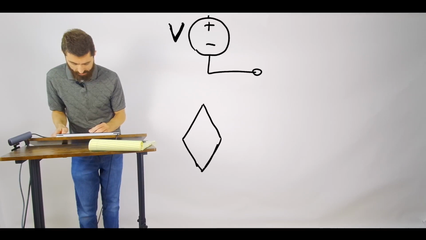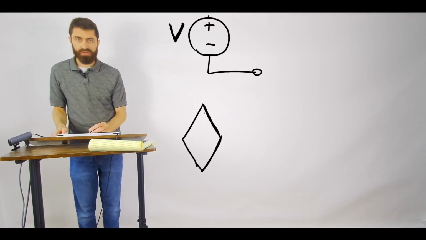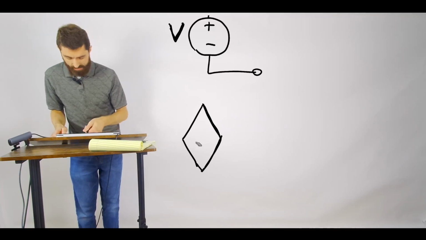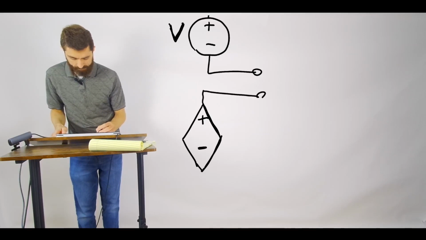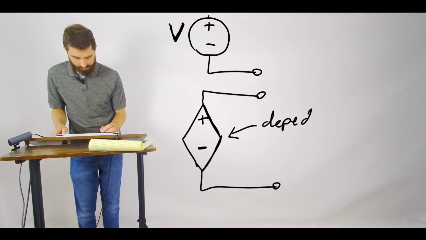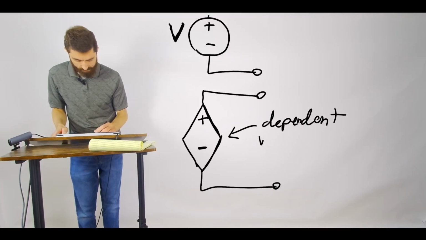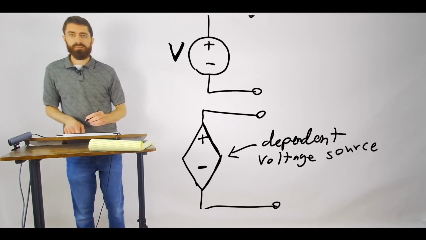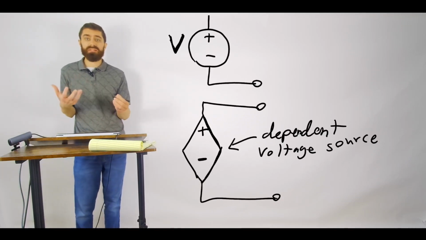There's a way that we can build these with an electronic circuit, but for now we'll just talk about what it does. So we call this a dependent voltage source. And essentially, instead of the voltage being constant, it will be dependent on something else.